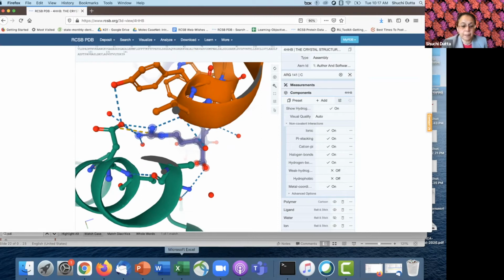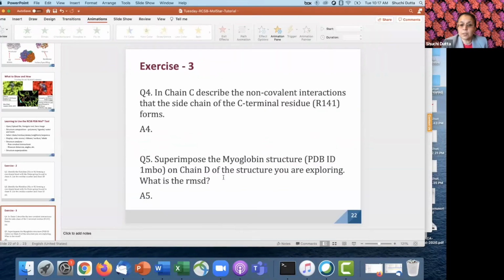Okay. And the final part of this exercise was to superimpose the structure of myoglobin on hemoglobin. And the point here is to try and see how closely related or how similar the structures of these two proteins are, even though their sequences are not very similar and their function and behavior is really not similar.